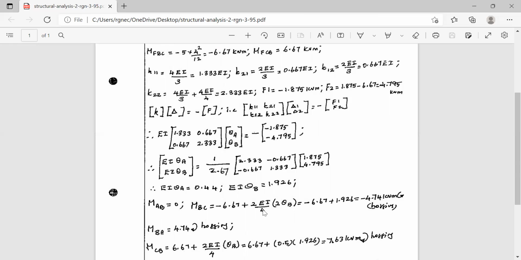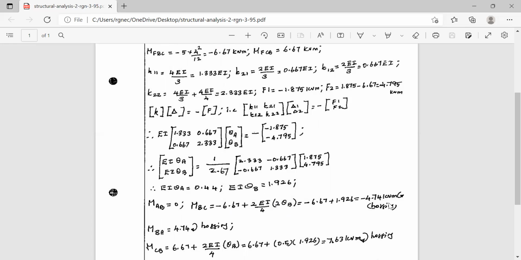Therefore, 2EI by L into 2 times theta B. This is the fixed end moment. So MBC is equal to the fixed end moment plus 2EI by L. Theta B has been already calculated. You can substitute the value of EI into theta B here. Then you will get this moment.